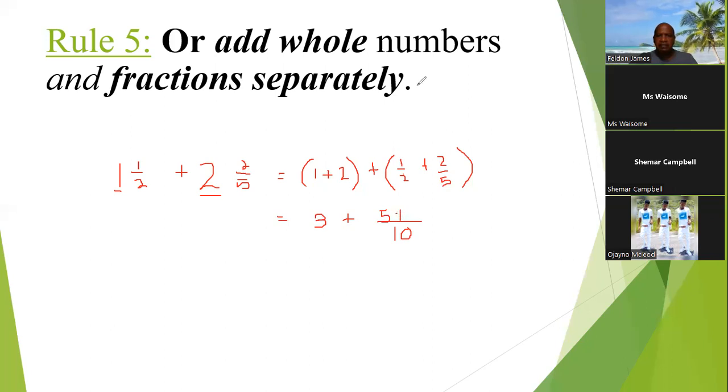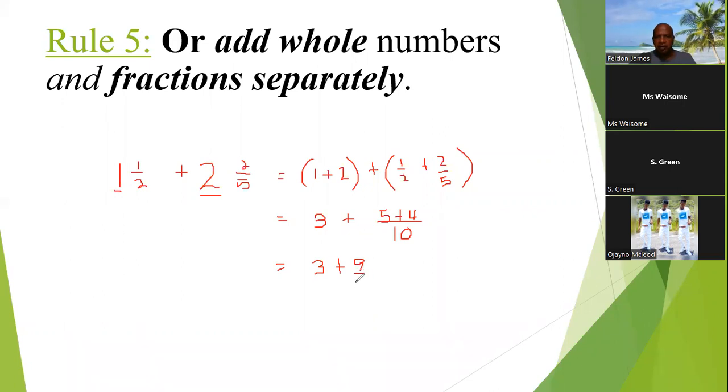Then 5 into 10 goes 2 times, and 2 times 2 is 4. So now we can just add the numerators. And so we have the whole number part, which is 3, plus, if you add the numerators here, 5 plus 4, you get 9 over 10.